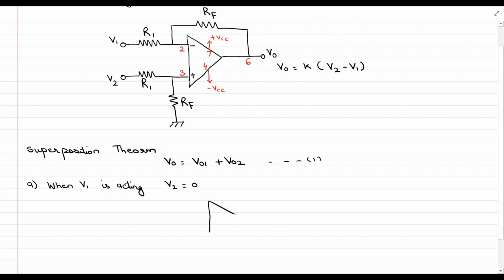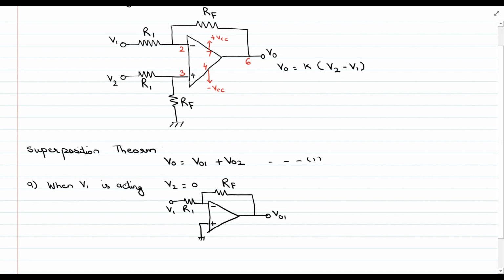So negative over here, positive terminal is grounded. Resistance R1, RF, V1. This is output 1 due to input 1.